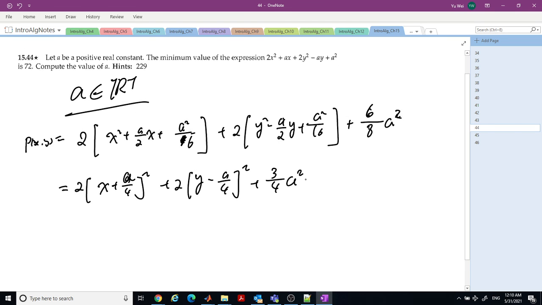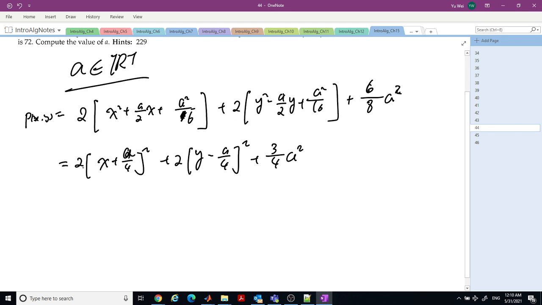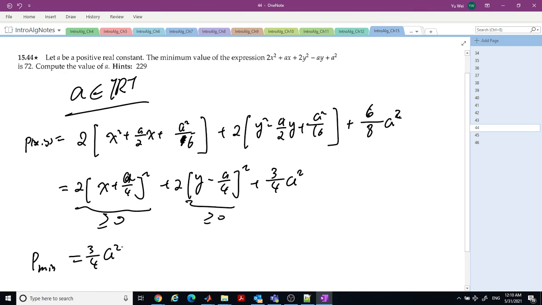Okay, so now we see what the minimum value is, because this one is greater than or equal to 0, and this one is greater than or equal to 0. So the minimum value, P min, is equal to 3 over 4 of a squared. We know this is equal to 72.